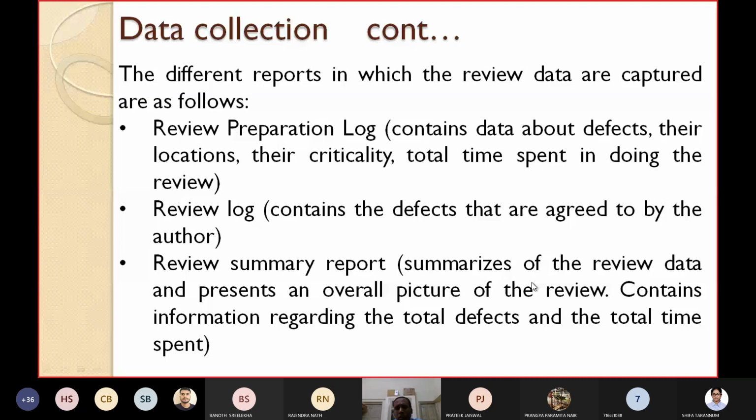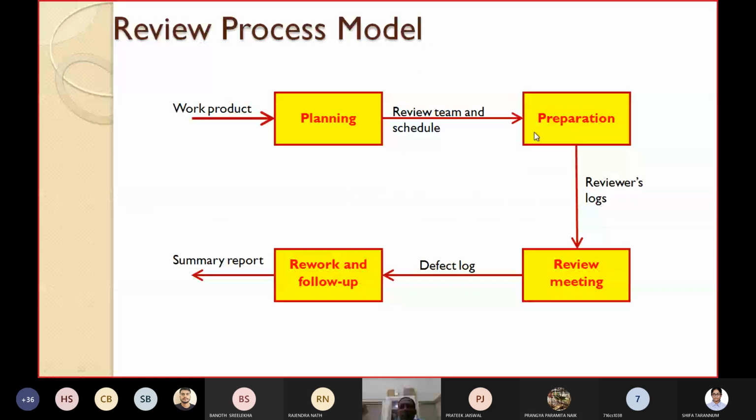Let's see how. For preparation, you require a review preparation log, isn't it? So the first document is the review preparation log. Then comes the review log.